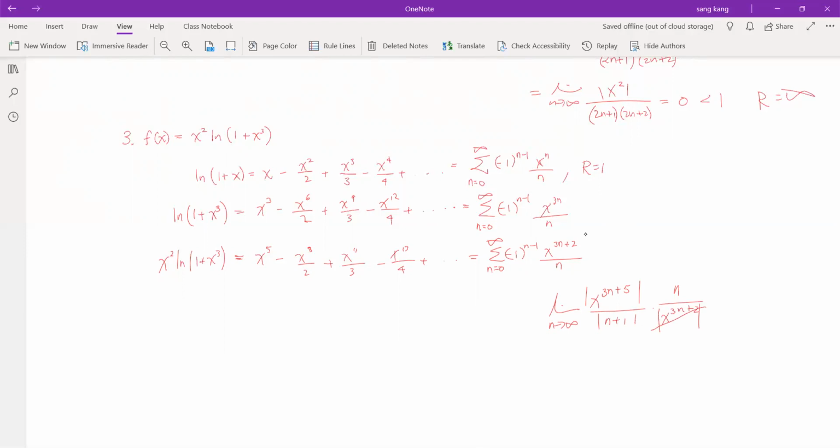This cancels out with this 3n and 2 of these, so we'll be left with x cubed. And if we take the limit of this guy here, we're left with 1. So our limit is equal to x cubed less than 1. So take the cube root, so x is still less than 1, r is still equal to 1, right?